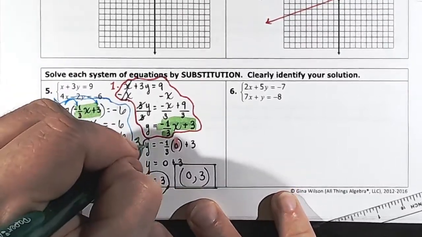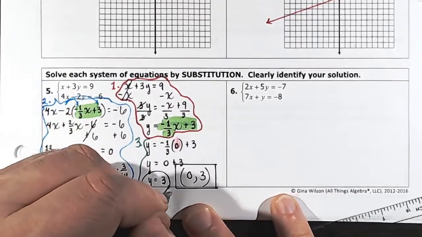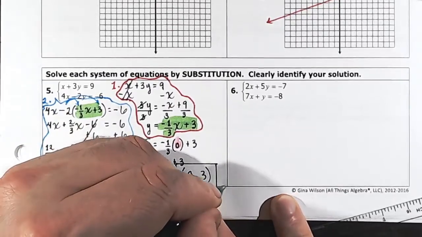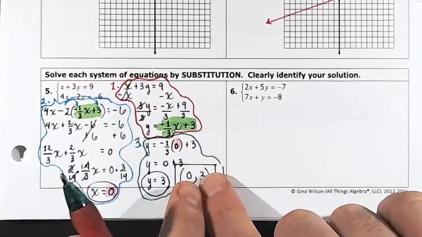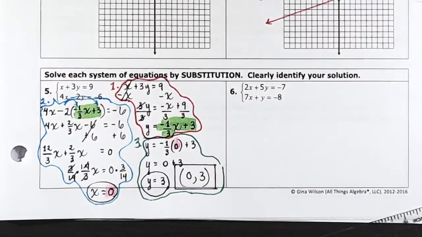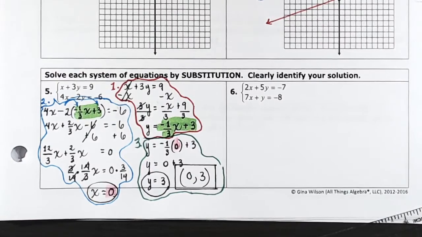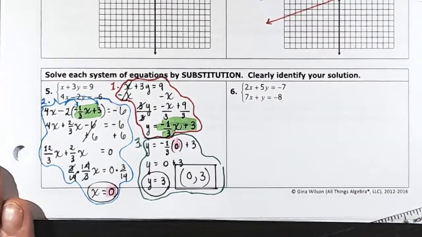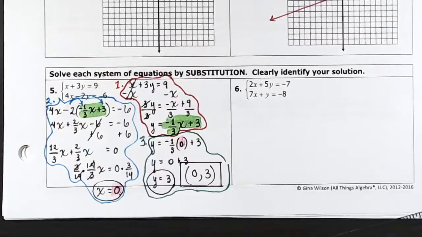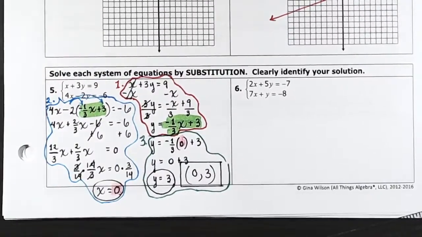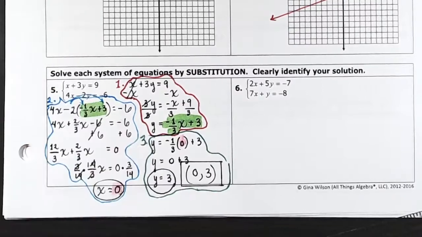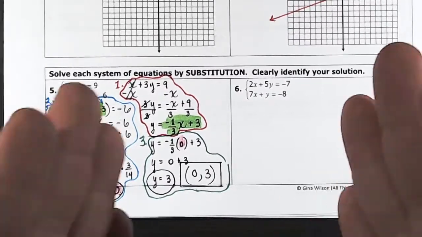I solved an equation to find the y, and then I plugged it all in to get my solution. Okay? So, there it is. This is how you do solving systems of equations using substitution. I did a little bit more work than was needed here. I should have solved for x and not y, but we still got the answer.